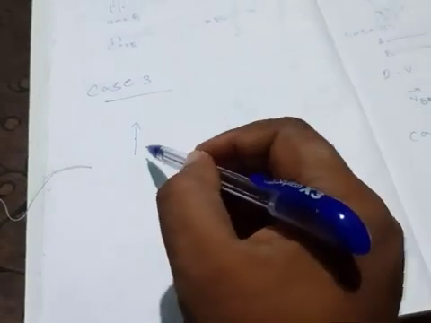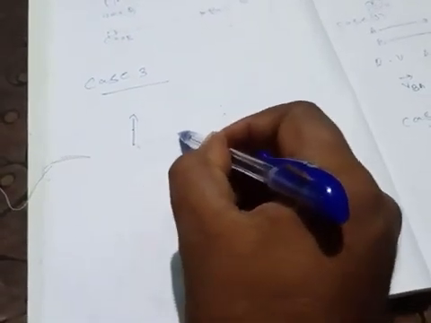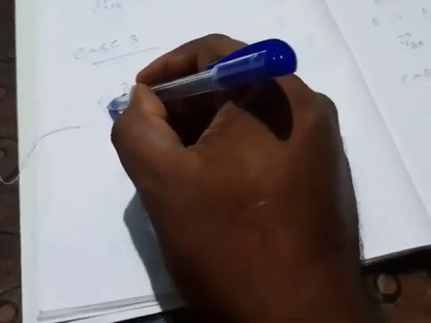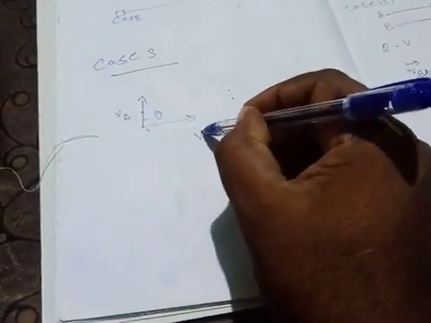Now assume that two objects are moving with velocities VA and VB at an angle theta between their directions. One object is moving like this, another object is moving in this direction, so it is making an angle theta. You can take VA, VB.